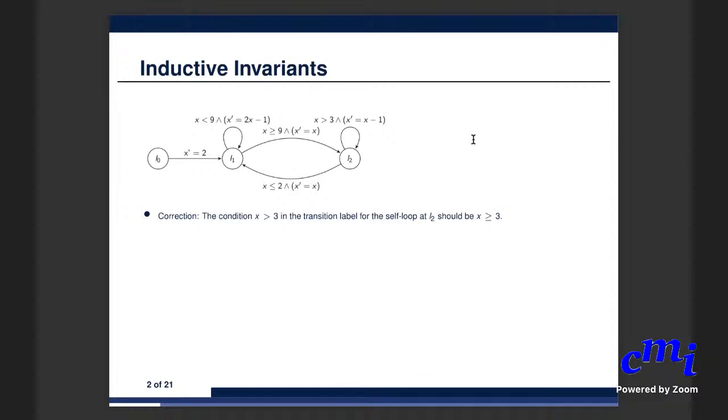as possible. Okay. Anyway, the plan today is I'll take about half an hour to finish up this discussion about why inductive invariants are important and how they are useful in verifying properties of programs.